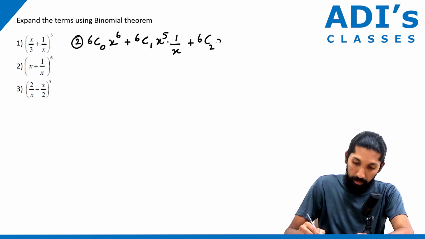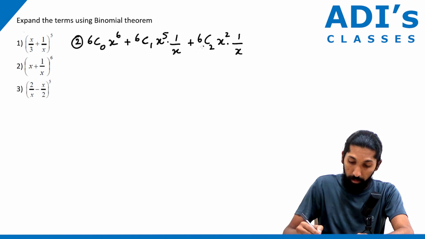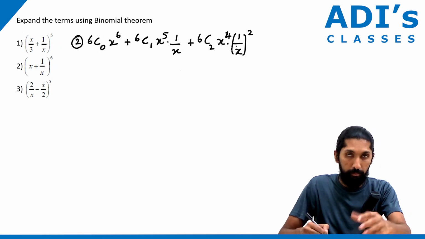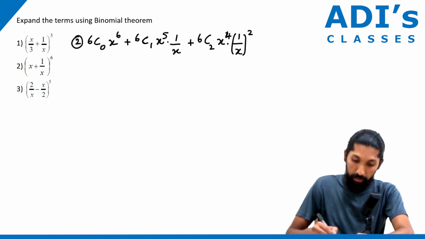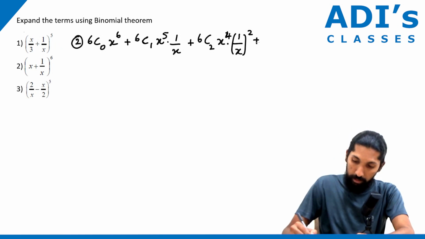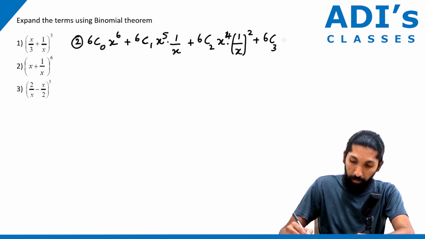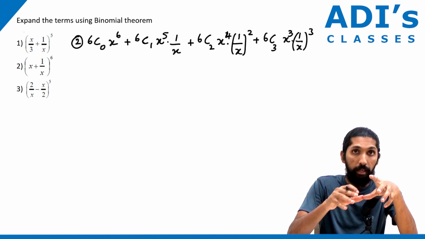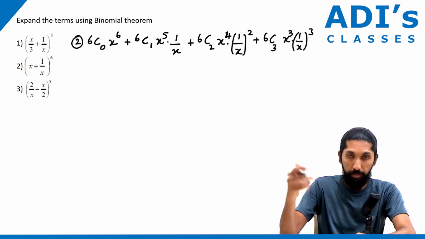6C2 x^4 into (1/x)^2. Sorry, my bad. Plus 6C3 x^3 into (1/x)^3. Remember, the value of a keeps on reducing, the value of b keeps on increasing.